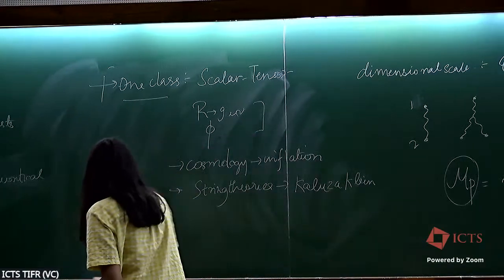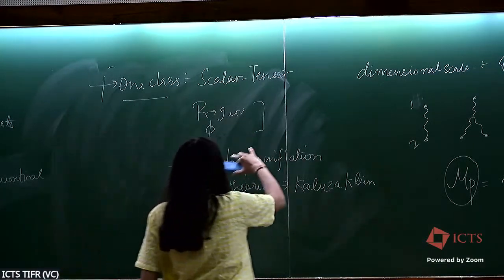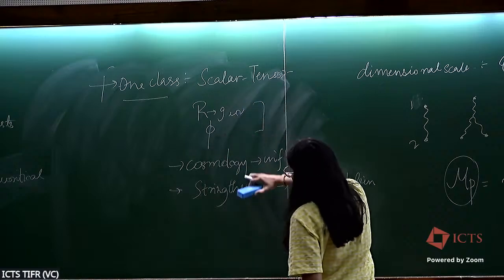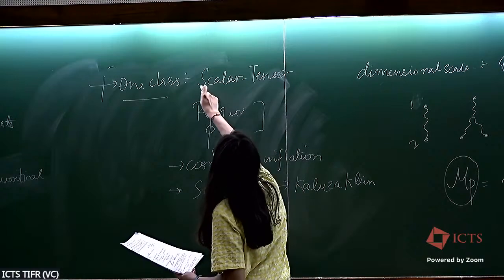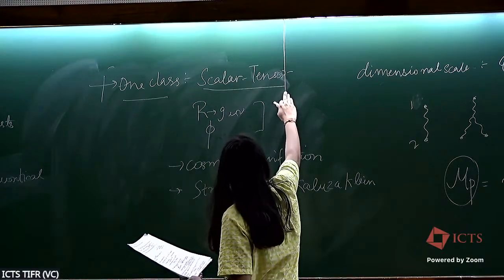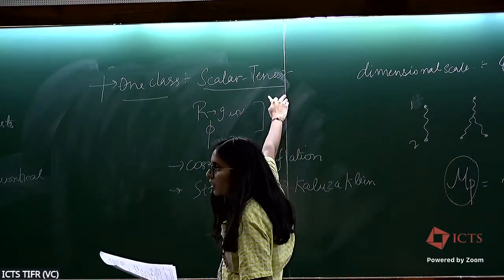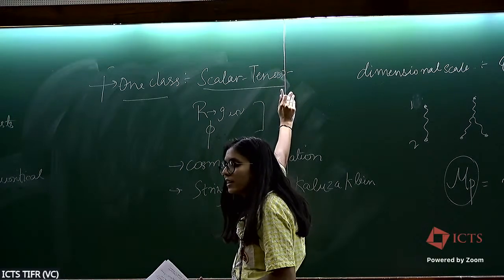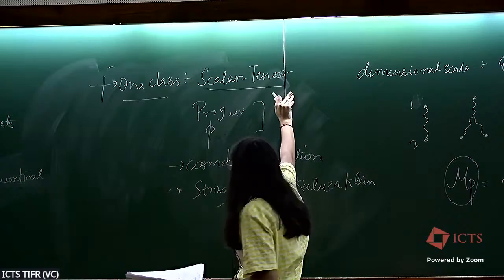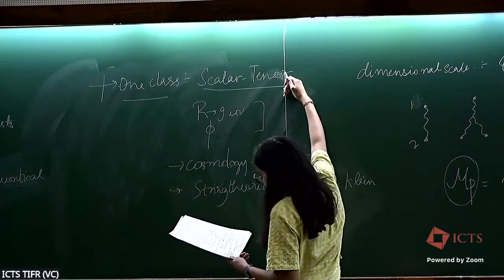So we can find motivation for scalar tensor class of theories both in cosmology as well as string theories. And the scalar tensor class contains a lot of theories, for example, Horndeski gravity theories, where you consider higher derivatives, Einstein scalar Gauss-Bonnet, and it's a very big class.